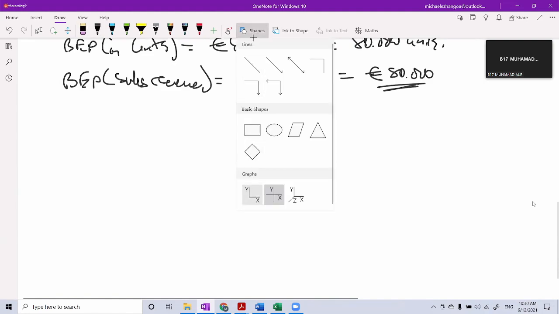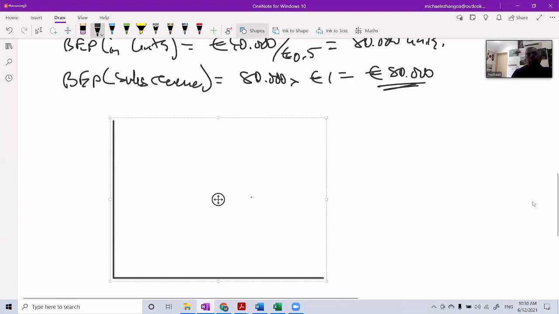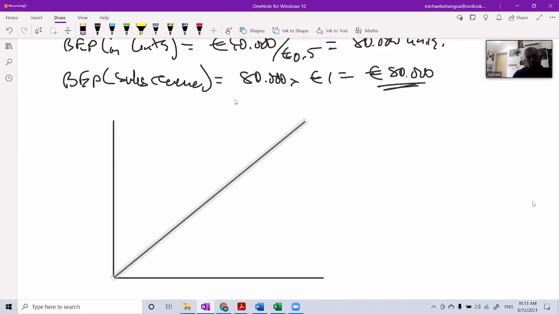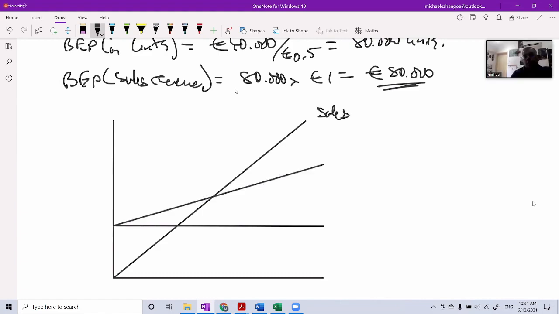Draw the line that is sales, costs. Sales, total costs, fixed costs, units, revenue.